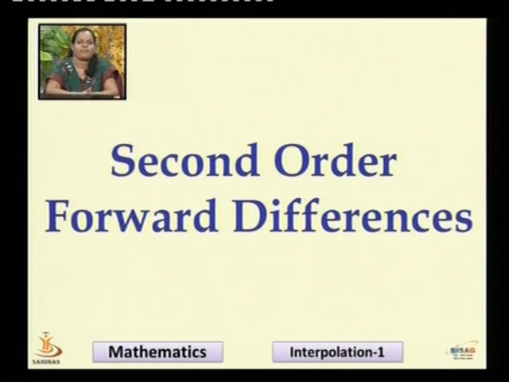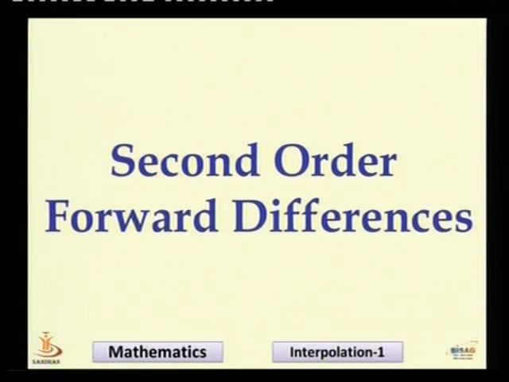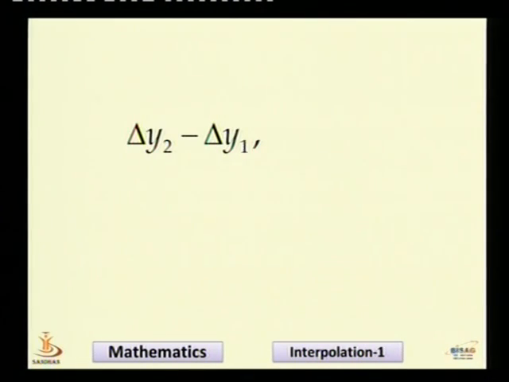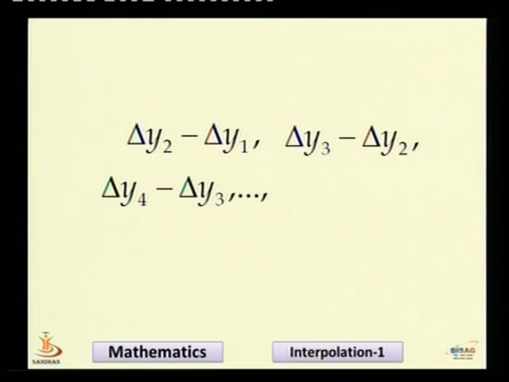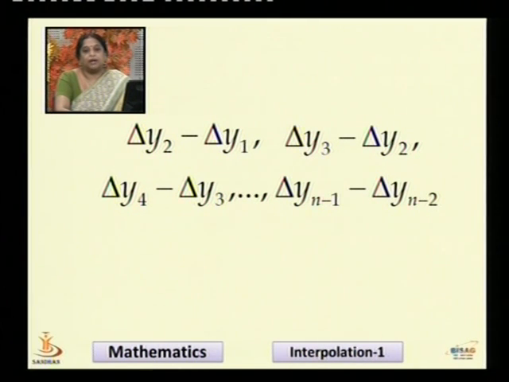Second order forward differences. Second order forward differences can be computed by finding the difference of the first order forward differences. We have just studied the first order forward differences and how to compute them. The differences of these first order forward differences are called second order forward differences. That is delta y2 minus delta y1, delta y3 minus delta y2, delta y4 minus delta y3, and so on and so forth, delta y n minus 1 minus delta y n minus 2.